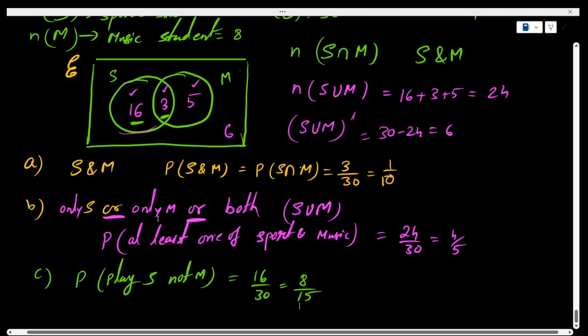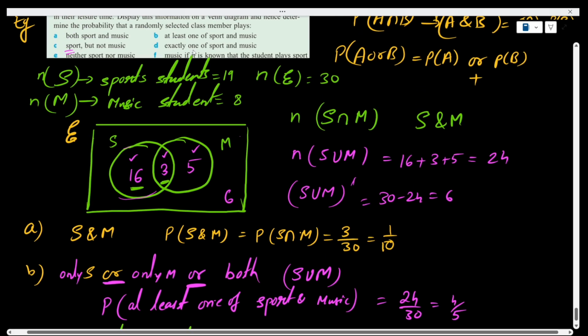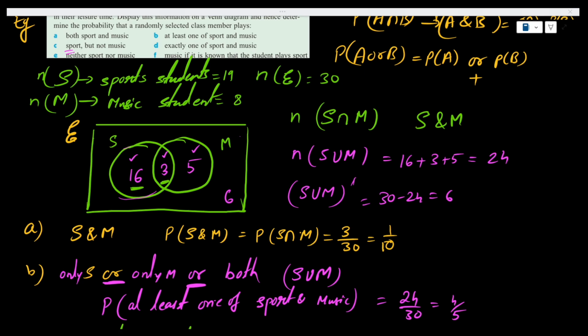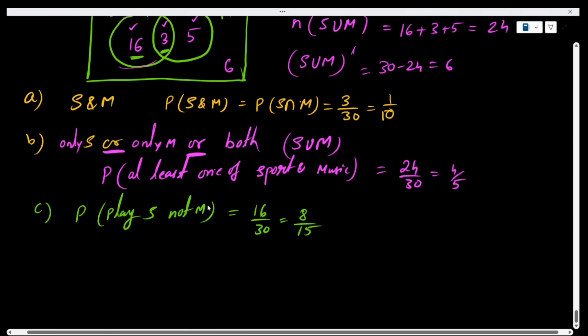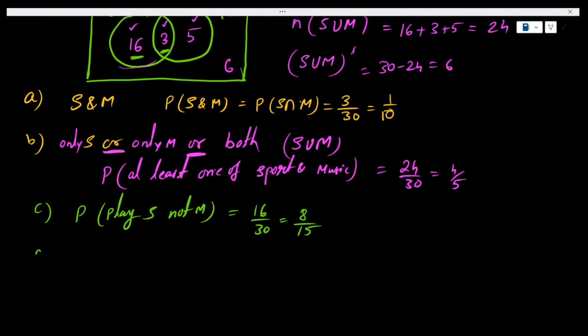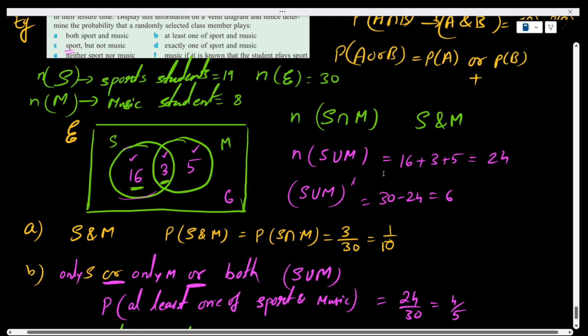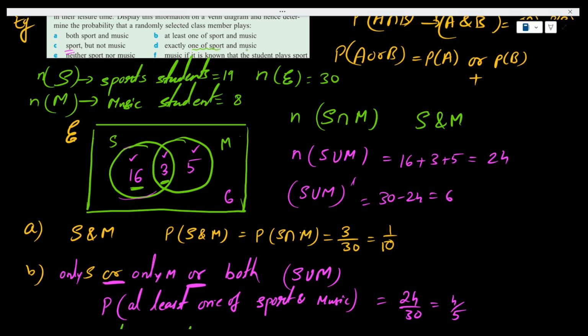Then after that, what is the next case? Exactly one of sport and music, right? So exactly one means they can have only one. What is given here, exactly one of sports and music. So what is going to be the probability here? It is only sport or only music. If you are understanding the question, it says exactly one, they can't play both.